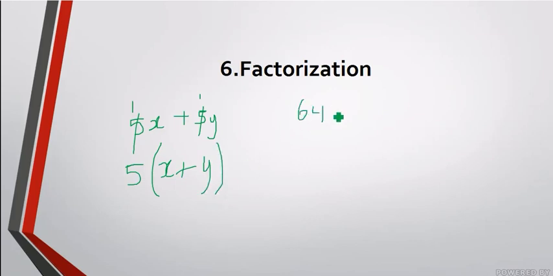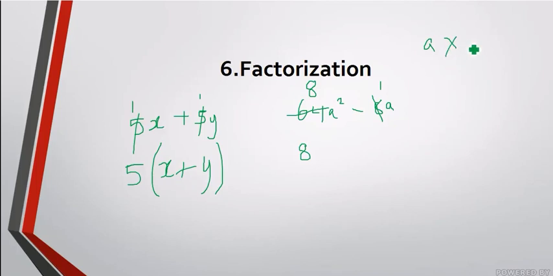Now if I have 64a squared minus 8a, how am I going to factorize this? Let's begin with our numbers. 8 can go into 64, so I could factorize out 8. So I can say 8 into 8 is 1 and 8 into 64 is 8. So I just factorize 8, so 8 comes outside. Now is there anything else for me to factorize? Yes, I can see that there are 2 a's here and 1 a here.